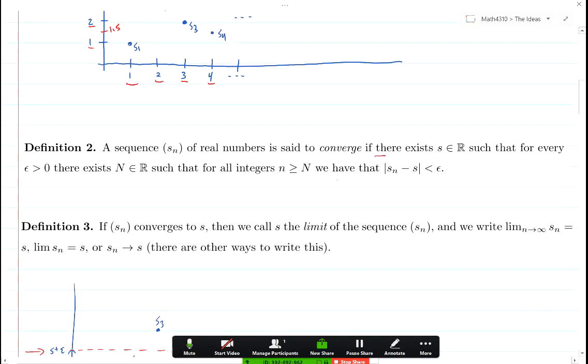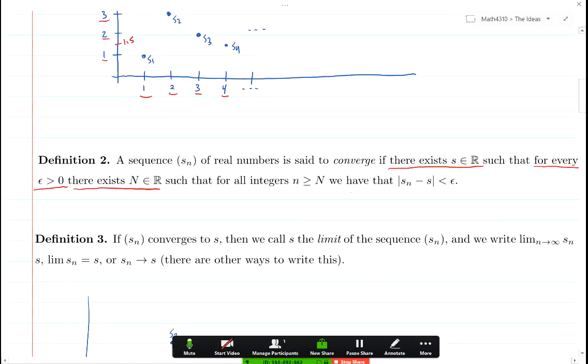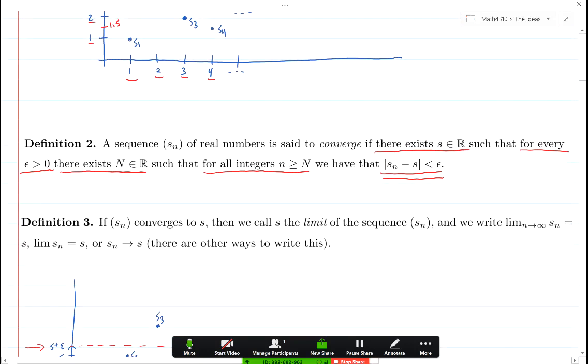If there exists a real number S such that for every epsilon greater than 0, there exists a real number N, such that for all integers little n greater than or equal to capital N, the conclusion is we will have that S sub n minus S in absolute value, or the distance between S sub n and S, is less than epsilon. So what did I just do?